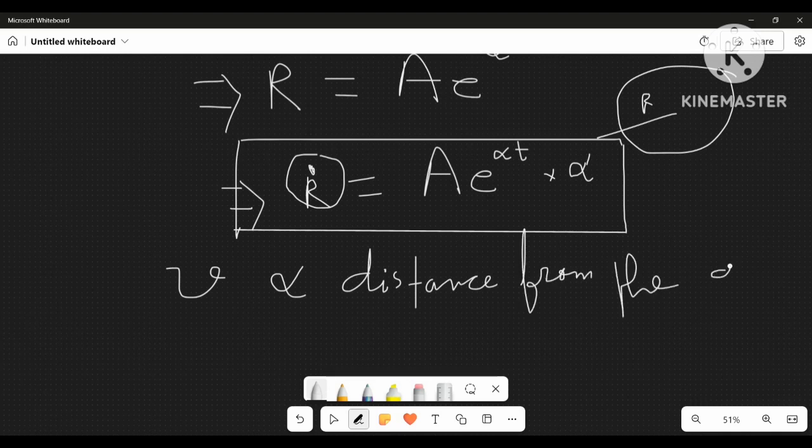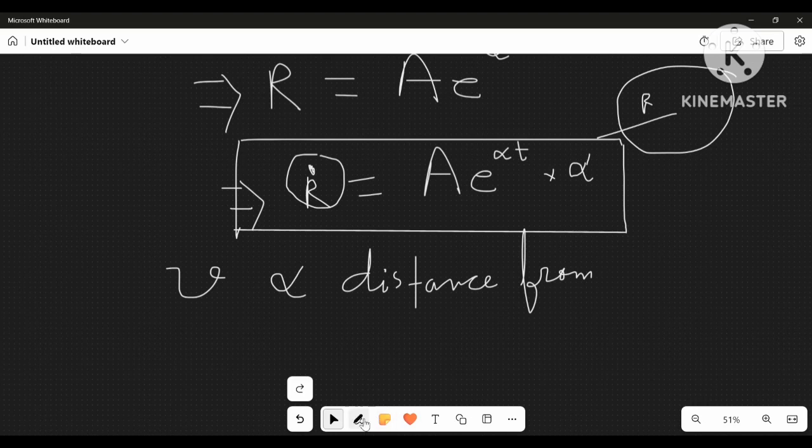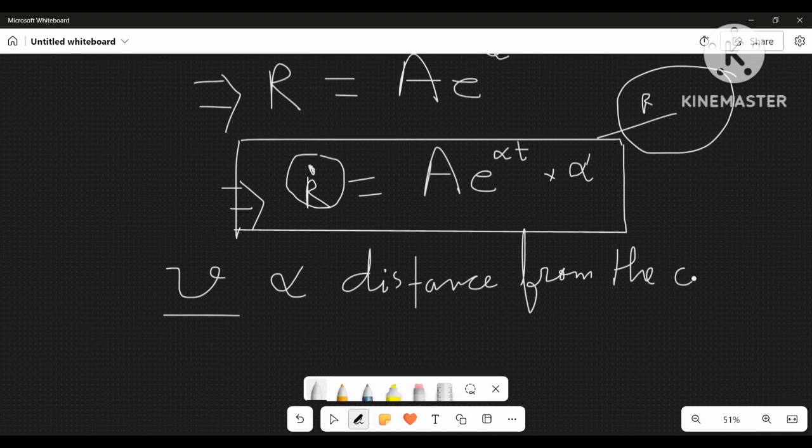This is the velocity of expansion, the radial velocity of expansion. It is proportional to the distance from the center. Hence, proved.